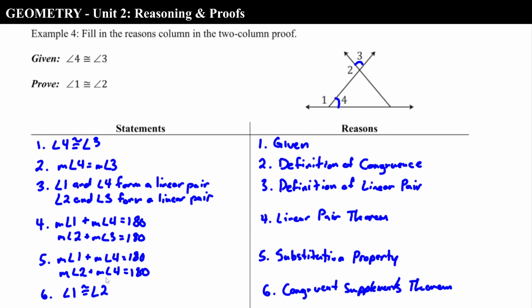But you'll notice that 5 has to come after 2 and 4. Now, could we have done 3 and 4 a step earlier and then done 2 after step 4? Yes, we could have. So there is a little bit of play in what order these things go in, but certain things have to be after other things because they are conclusions from previous statements.